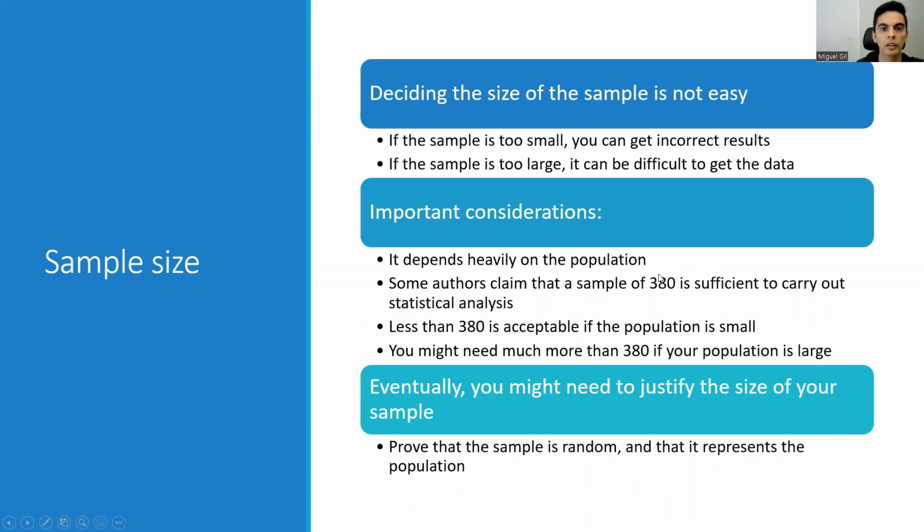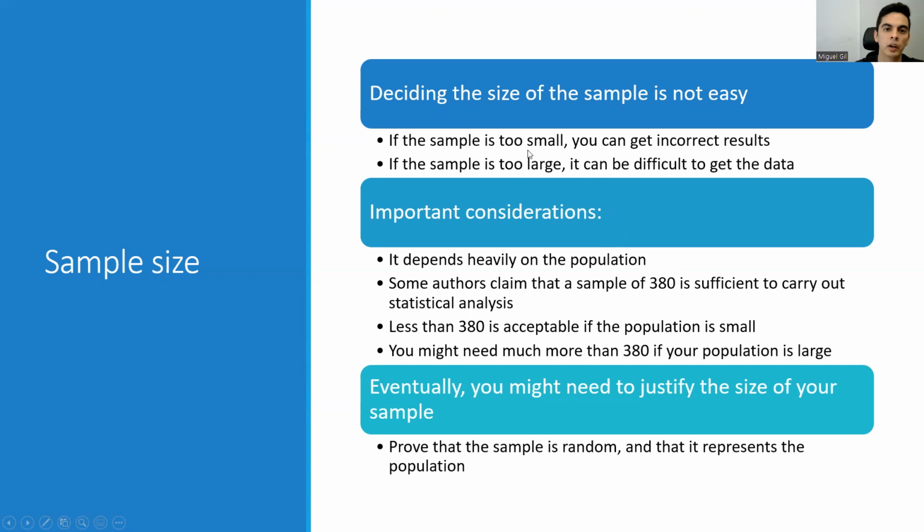If your population is 5 million, for example, or 5 billion, like the world population, 6 billion, then that's a huge population. Your sample should also be somewhat huge. But if your population is not that large, then you have some flexibility.